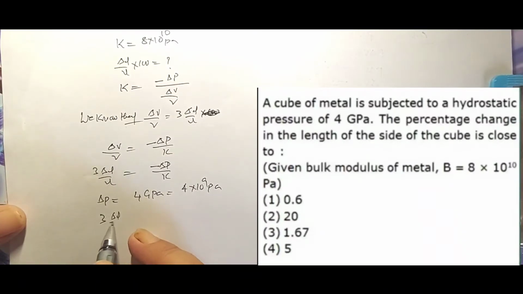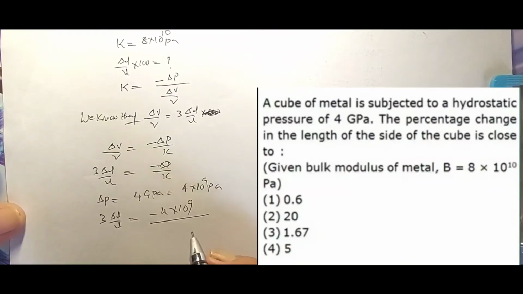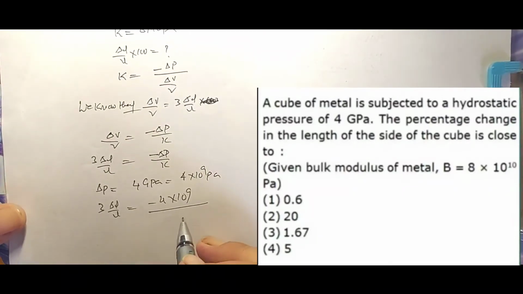So 3 into delta L by L is equal to minus 4 into 10 to the power of 9 divided by 8 into 10 to the power of 10.